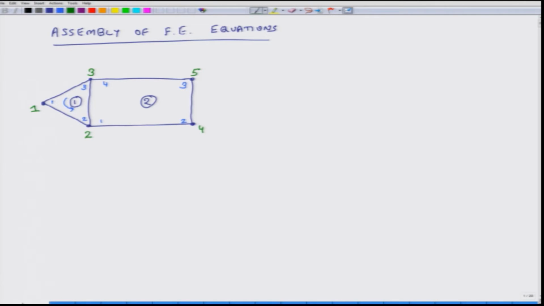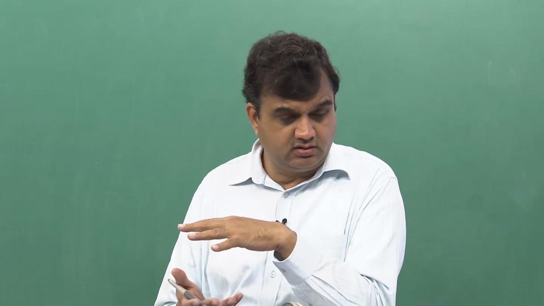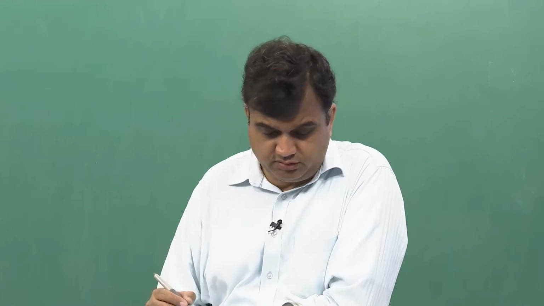Now, the first thing when we do assembly for these type of problems. So, here our aim is, we will have one set of equations for the triangular element, another set of equations for the rectangular element, and we want to assemble these 2 equations together, and we want to understand how do we go around doing that.